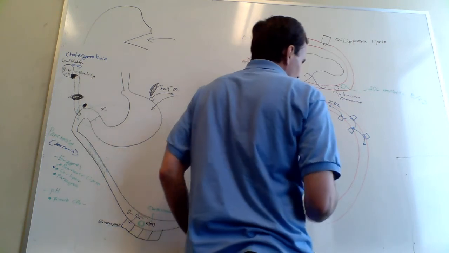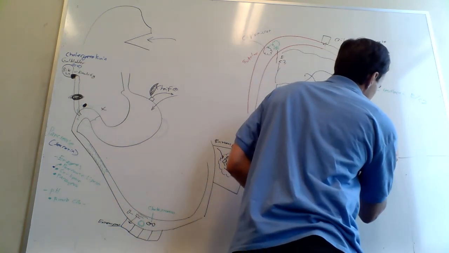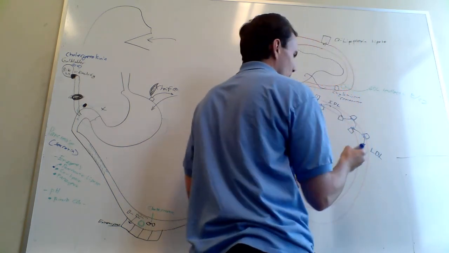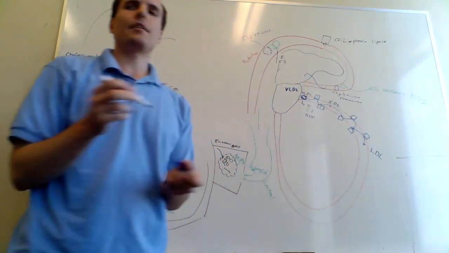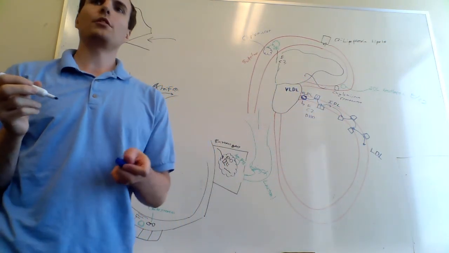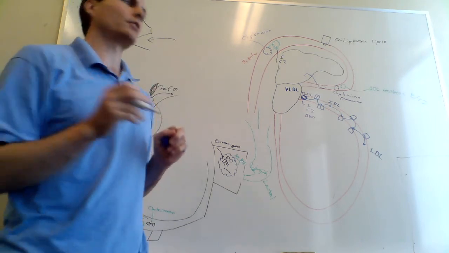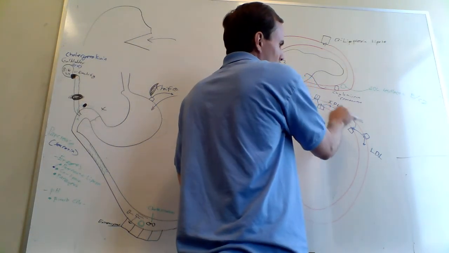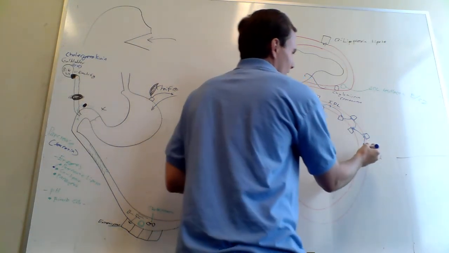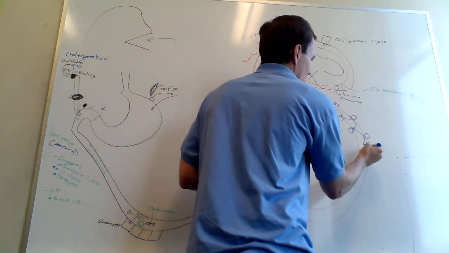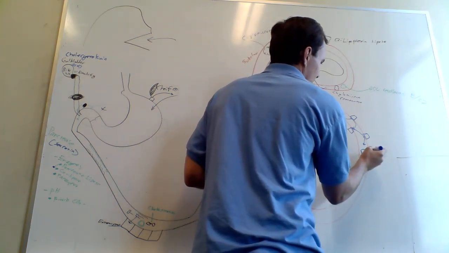And eventually it will become LDL, low-density lipoprotein. And LDL has a bunch of cholesterol, and it's going to start emphasizing delivery of cholesterol. So cholesterol has been in there the whole time, but now it's switching jobs to delivery of cholesterol.